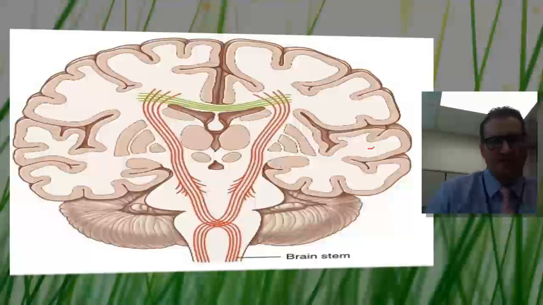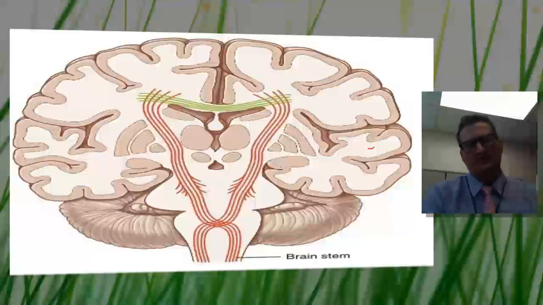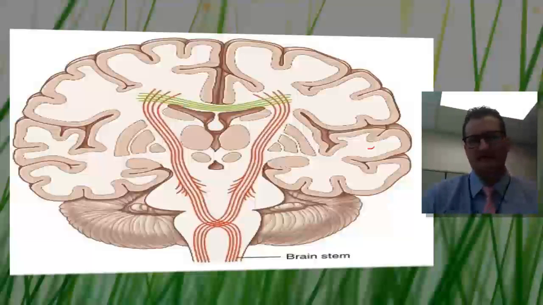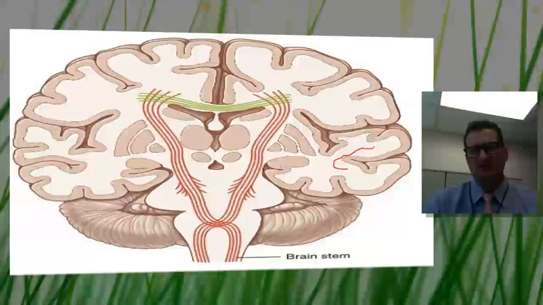The bulk of the cerebrum is shown in this slide as white matter, which consists of bundles of myelinated nerve fibers called tracts that we talked about. So all of these tracts in the spinal cord come up into the brain to contribute to the white matter, which is shown all in here.